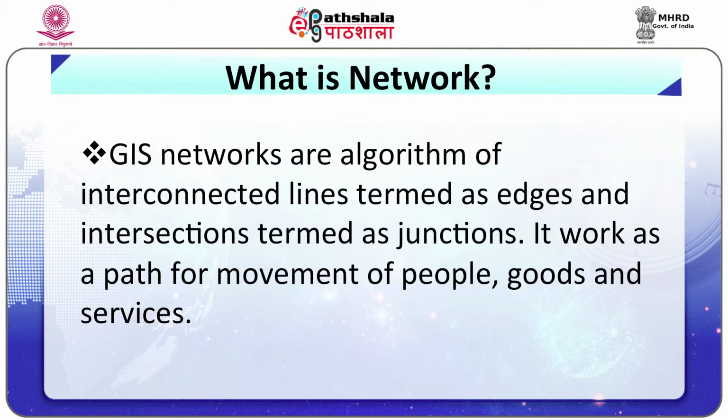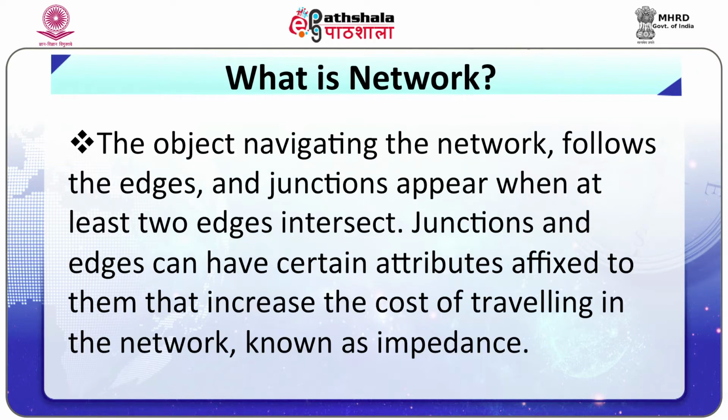So, let's now talk about what is network. GIS networks are a system of interconnected lines termed as edges and intersections termed as junctions. So, we have edges and junctions. It works as a path for movement of people, goods and services. The object navigating the network follows the edges, and junctions appear when at least two edges intersect.